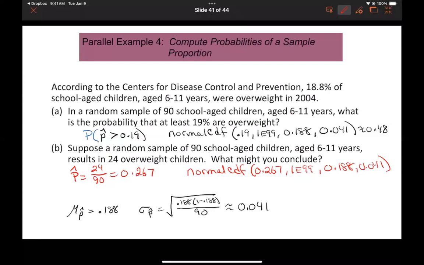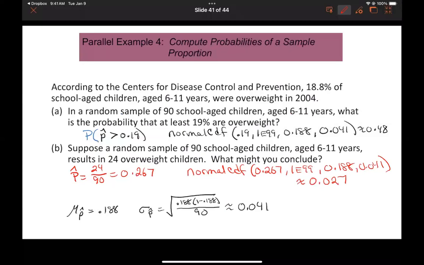When I use my normal CDF, I get a probability of about 2.7%. There's a 2.7% chance of finding 24 overweight children out of 90 in a random sample.